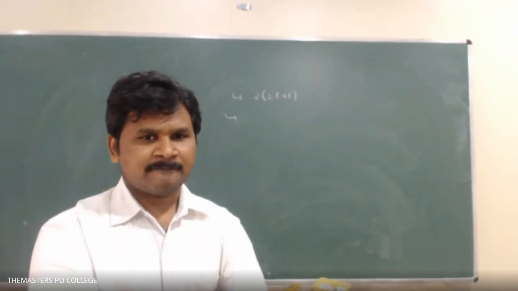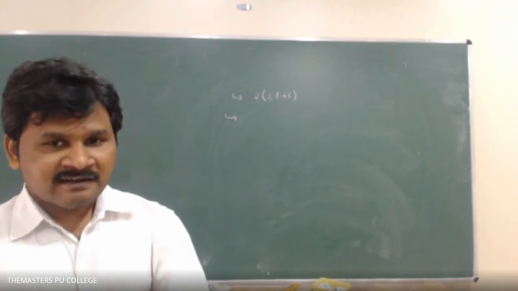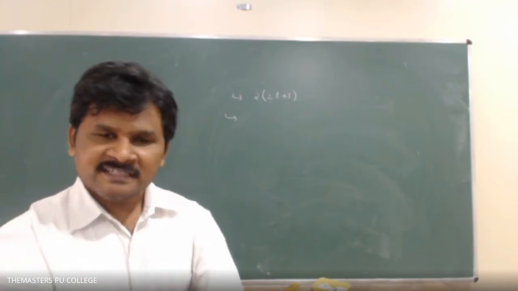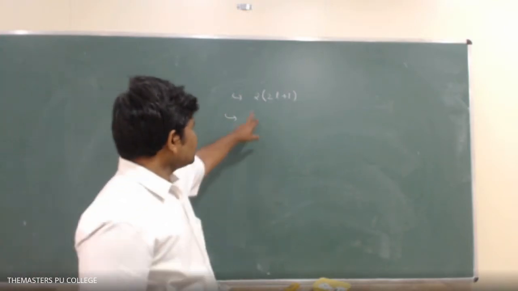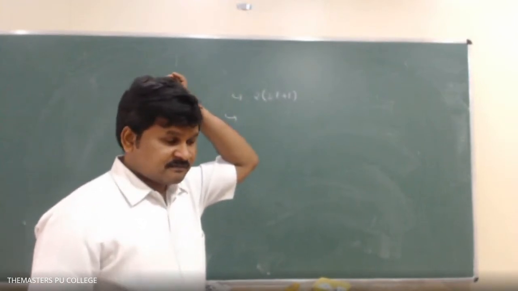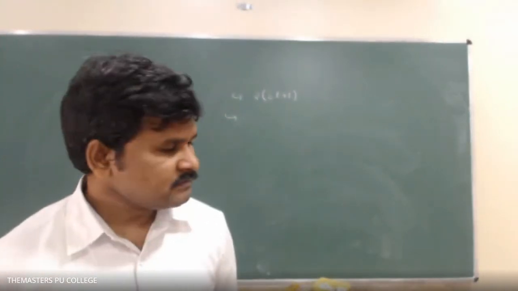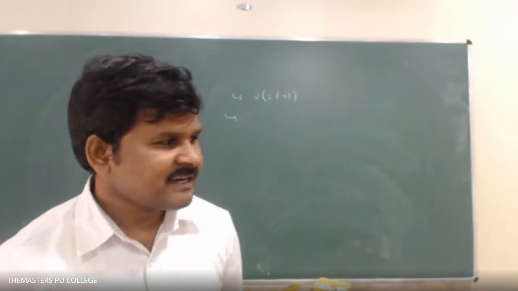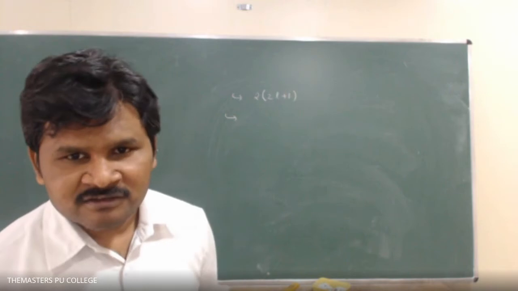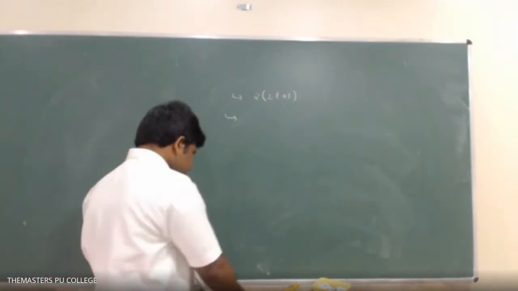Next, number of electrons in a subshell is equal to 2 into 2l plus 1. Next, number of electrons in an orbital is equal to 2. Okay? So these are the important formulas.